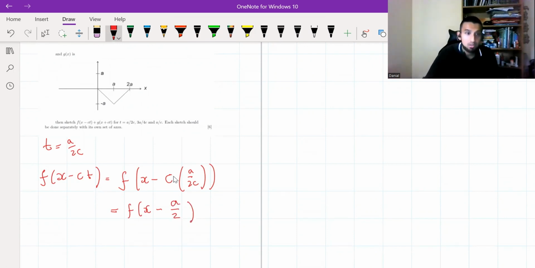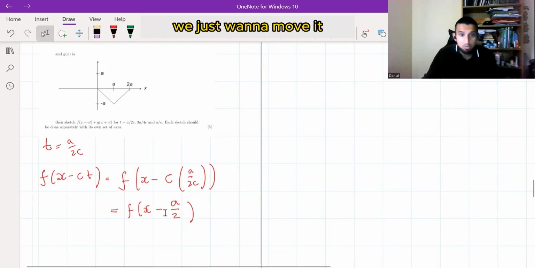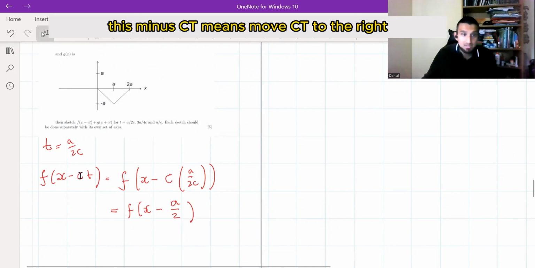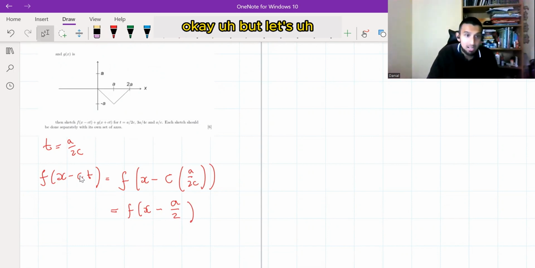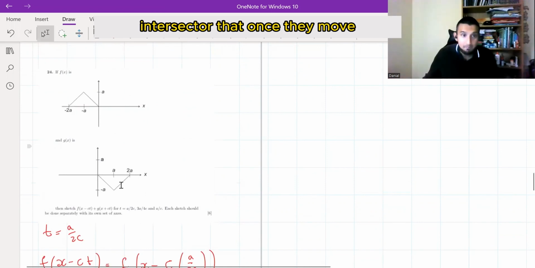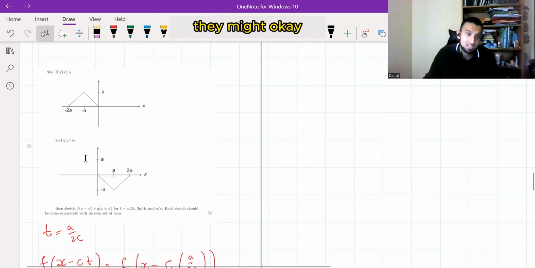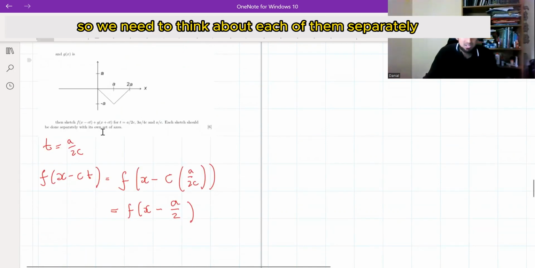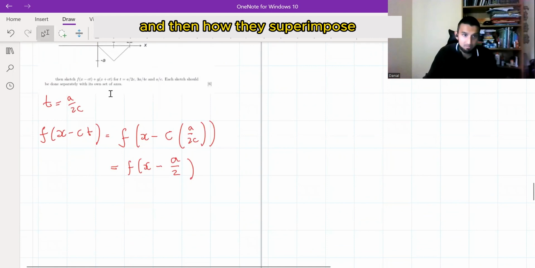Okay, so that one, we just want to move it. This minus ct means move ct to the right. Okay, but let's do the g(x). Now, luckily, or fortunately, they don't intersect here, but once they move, they might. So we need to think about each of them separately and then how they superimpose.